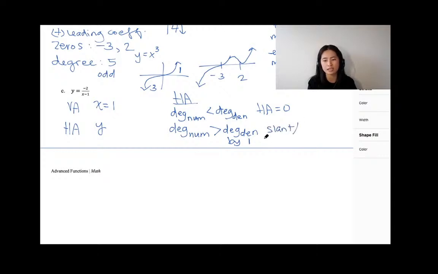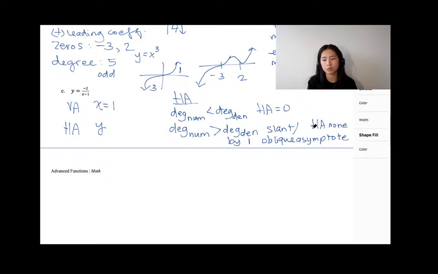You call this slant or oblique, depending on which your teacher prefers. So it's a slant or oblique asymptote, and that's what you look for. But in this case, with the degree of the numerator greater than the degree of the denominator, the horizontal asymptote is none.